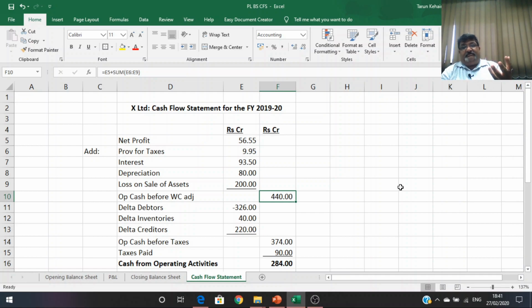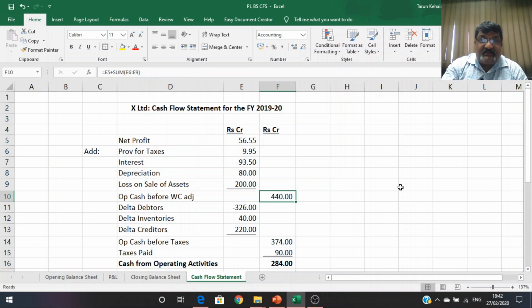Investing activities could be when you make investments in subsidiaries, or you buy equity shares, or you buy new fixed assets, or you sell fixed assets. All of this will be a part of the investing activities. Financing activities, as the term suggests, comprise all those transactions which are incurred to finance the business. It could be new borrowings, repayment of old borrowings, or sources of funds.